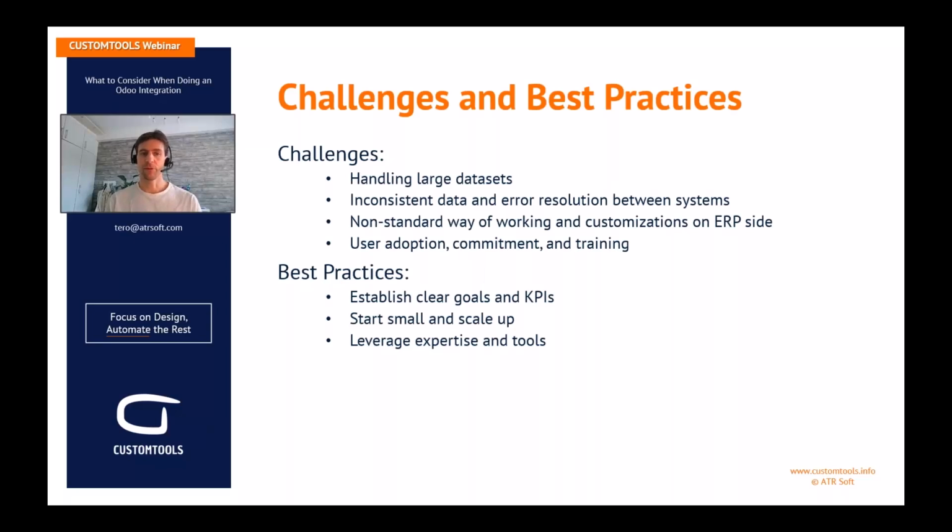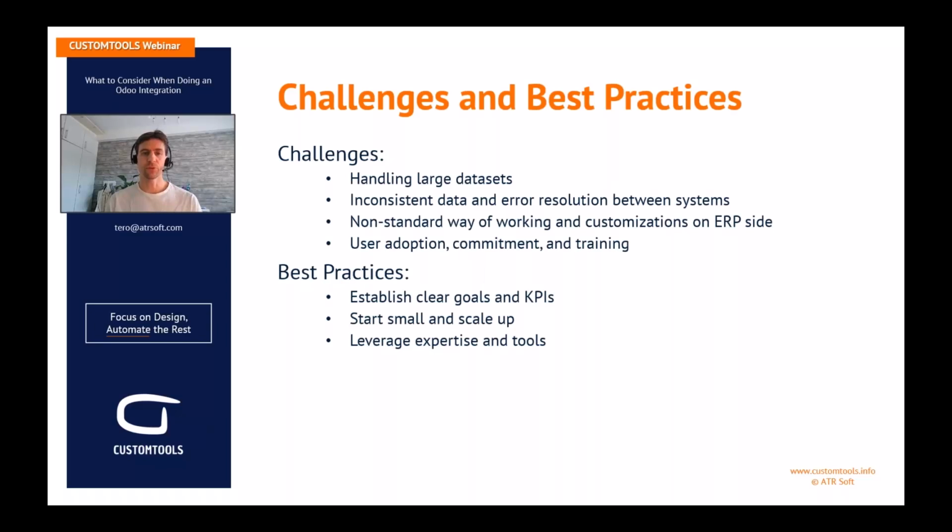Some examples of good key performance indicators are time taken to export BOM from SOLIDWORKS to Odoo, percentage reduction in data errors after integration, or user adoption rates.